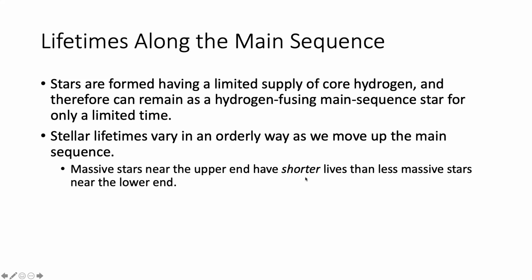All right. So again, I'm reiterating myself a bit, but the more massive stars on the upper left-hand side tend to have shorter lives, and the smaller, redder main sequence stars on the bottom right of the HR diagram tend to have much longer lives.